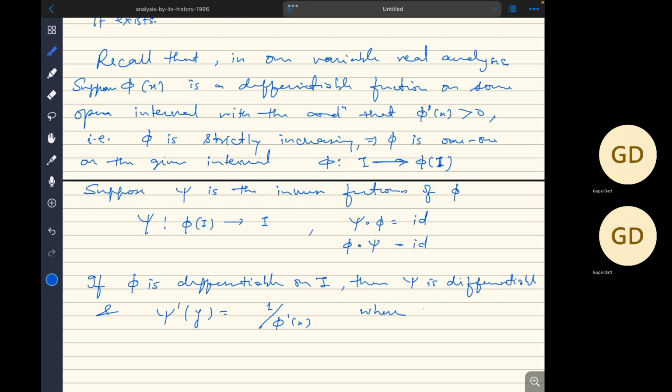So this is how you differentiate an inverse function in one variable.